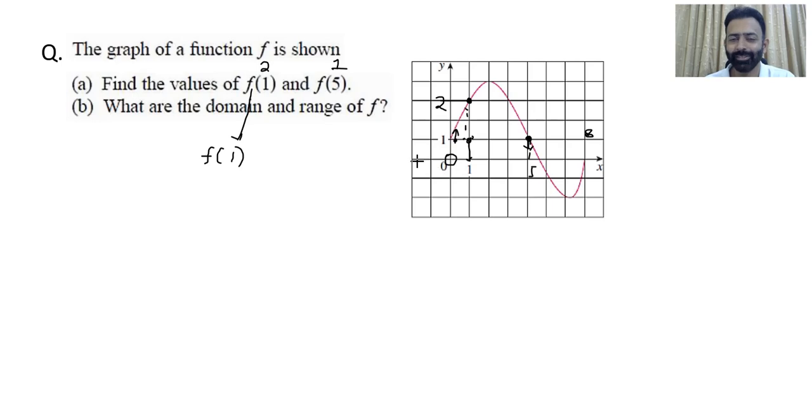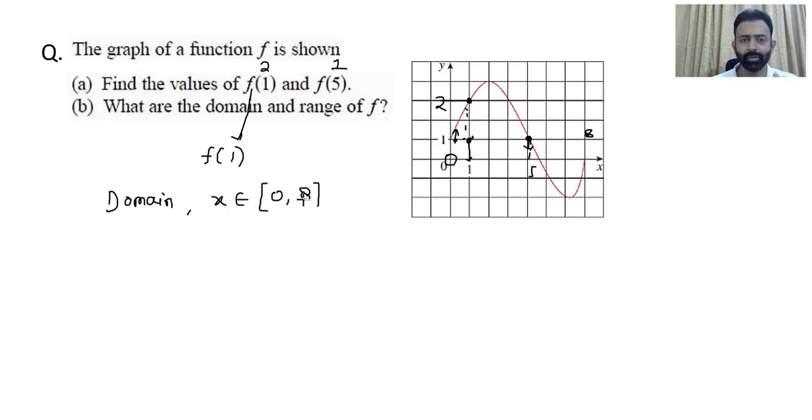So it will be a continuous set, and the function is defined at these endpoints also. So domain is x belongs to square bracket from 0 to 8.